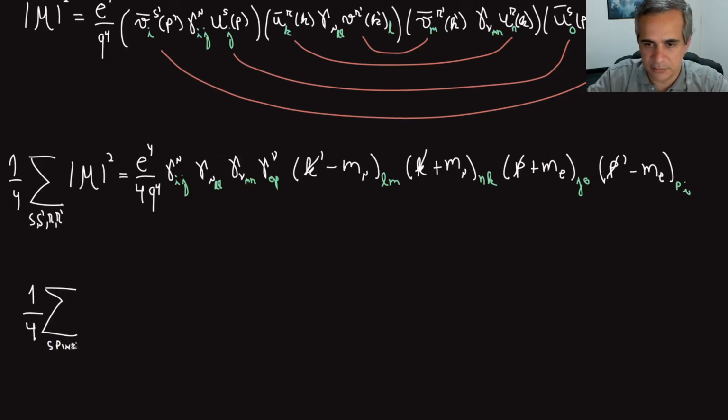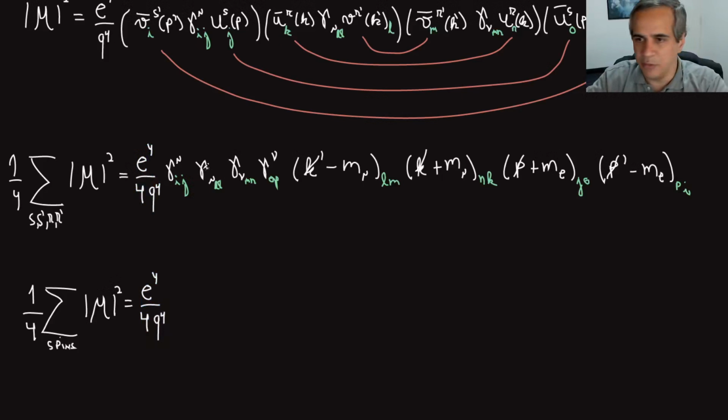Spin sum of M squared is equal to this part I just copy, right? And take a look at gamma mu. Gamma mu KL, then goes here LM, right? Then goes over here MN, then goes here NK, right? Which goes back to the initial gamma mu KL, right?